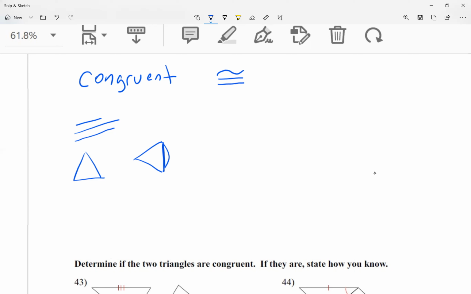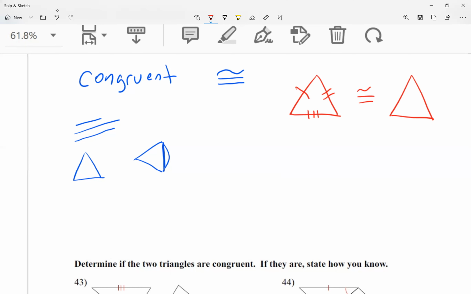Let me move into the rules that we're going to be using this time. Let's say I have two triangles. And I'm going to say they are congruent if the three sides of one triangle, so I'm going to mark the sides, side one, side two, side three, are equal to the three sides of the other triangle.